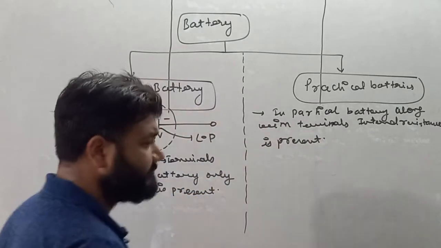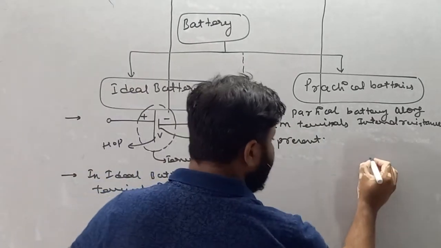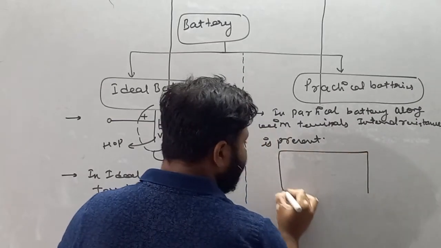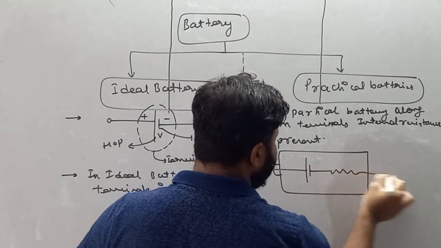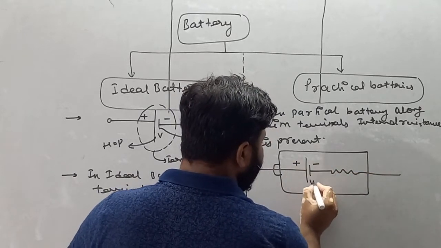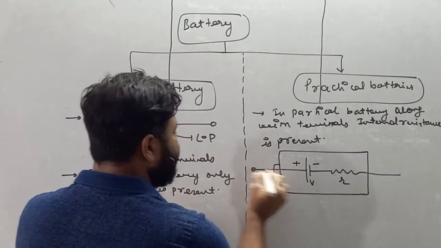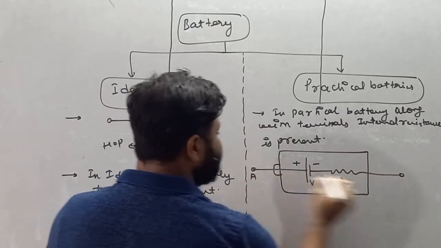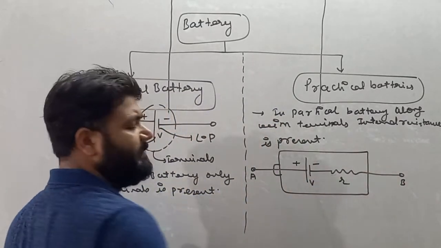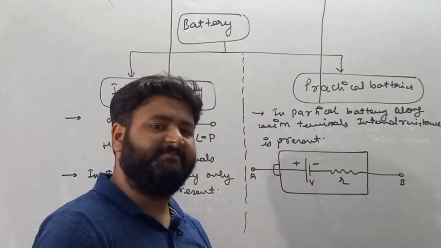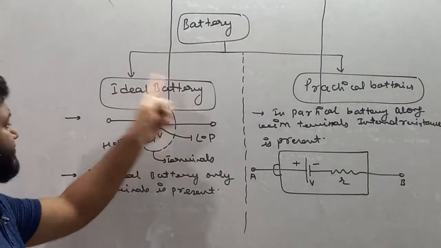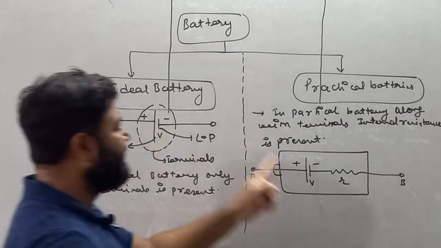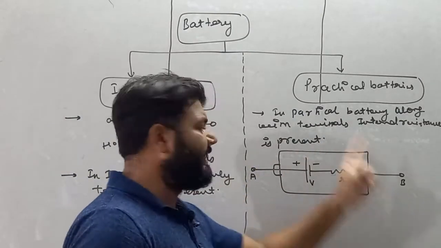Remember this thing. In a practical battery two things are present: one is terminal and another is internal resistance. So this is the battery which will be used in electrical devices. This is the battery which is used only in circuit. So this is considered to be ideal battery and this is considered to be practical battery.